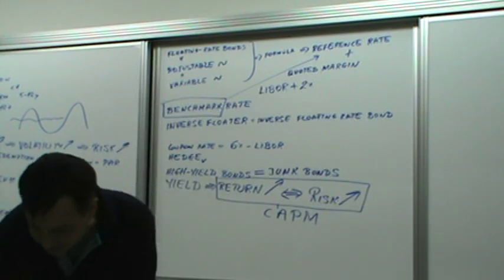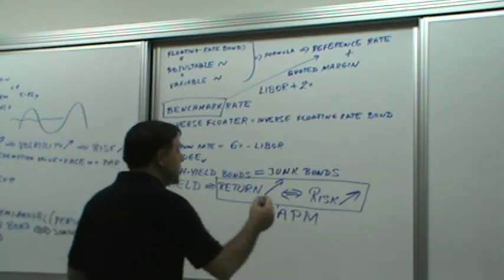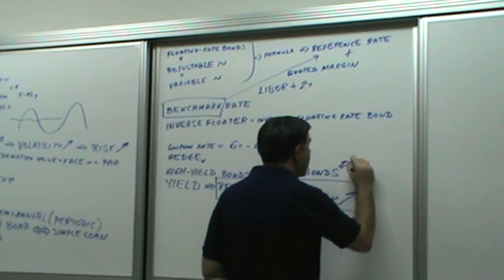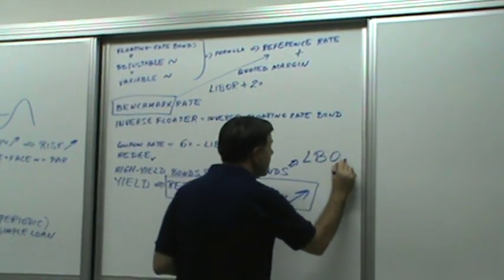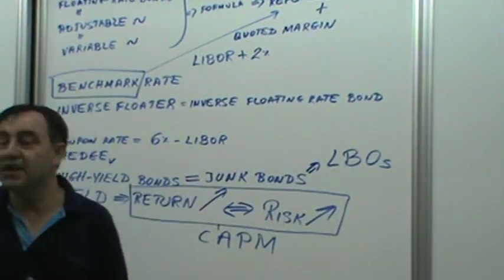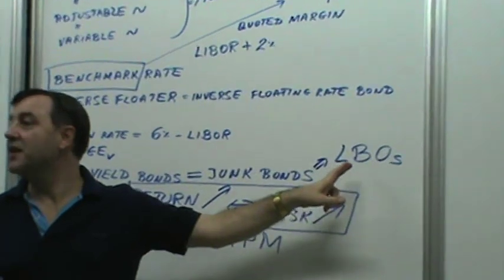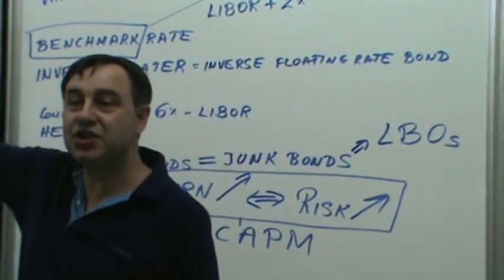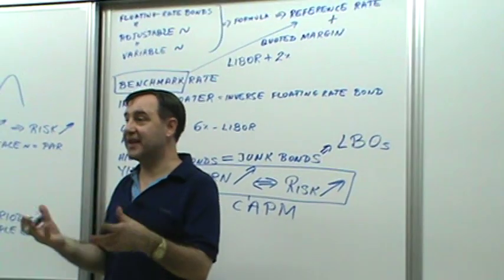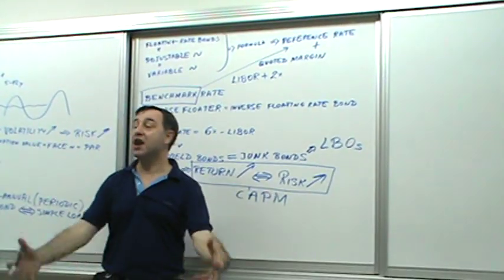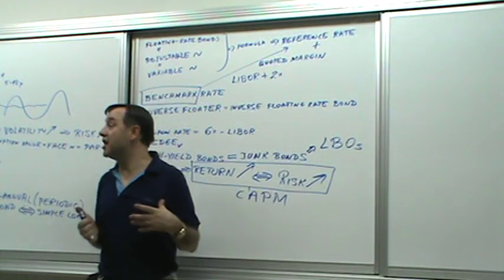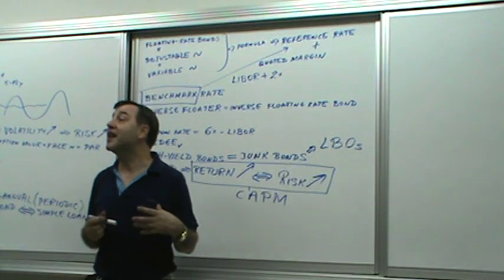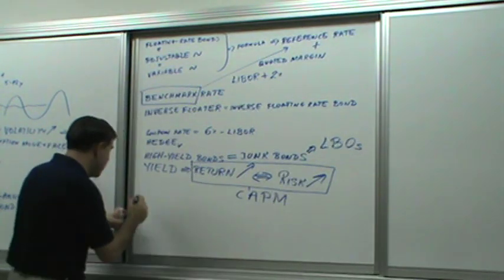All right, let's see what's next. So where are these used? These are used in LBOs. What is an LBO? It's a leveraged buyout. So when some outsiders want to take over a company, what they do is they borrow, they take a loan. It's called a leveraged loan.